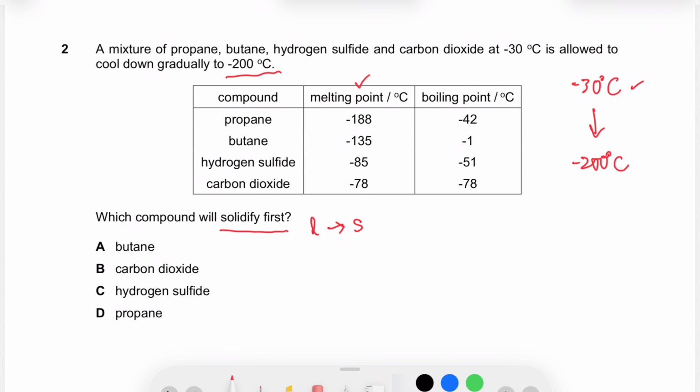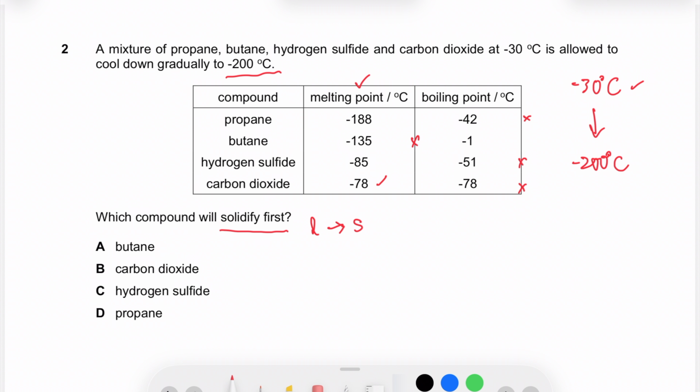Alright, so it should be this one. Let me see. Yeah, minus 30 is here, minus 30 is here, minus 30 is here, and minus 30 is here.